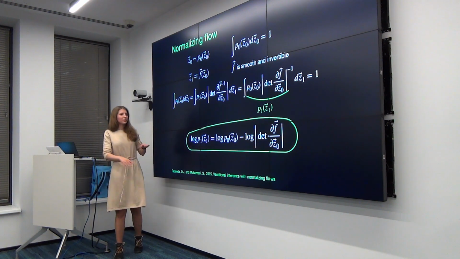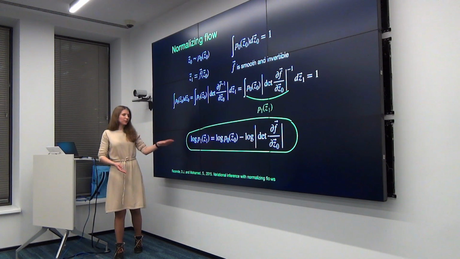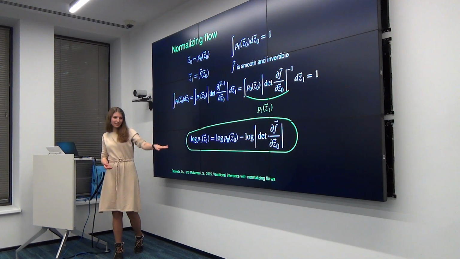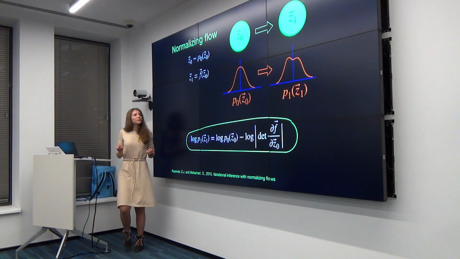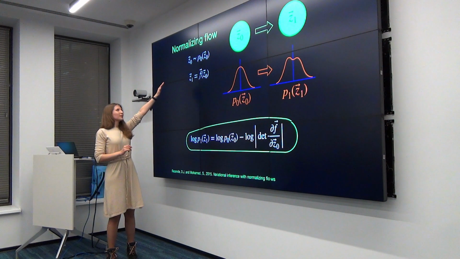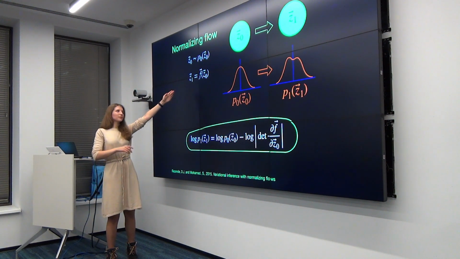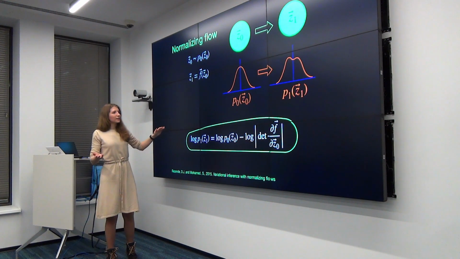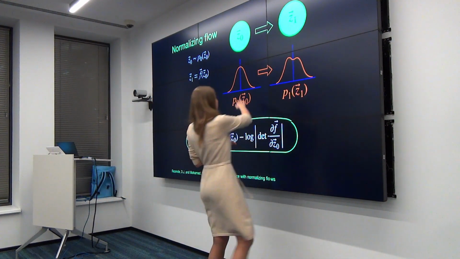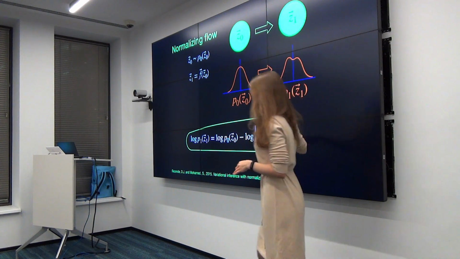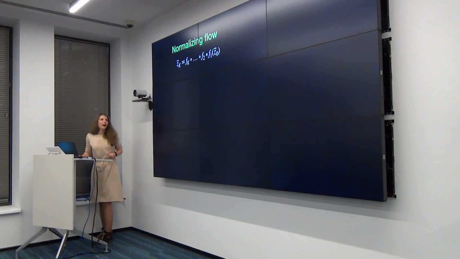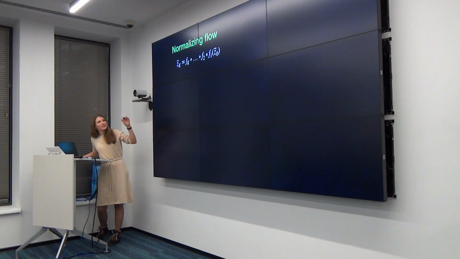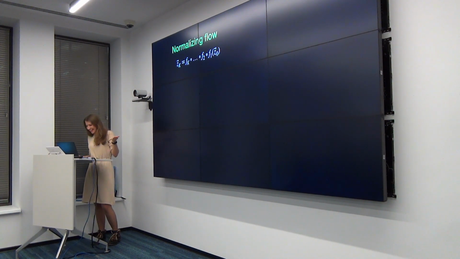Okay, and we write it in terms of log probability and get this equation. What it gives us is that we have a random vector and we transform it somehow, and we can compute how its density is transformed.